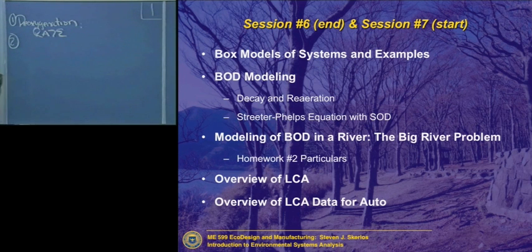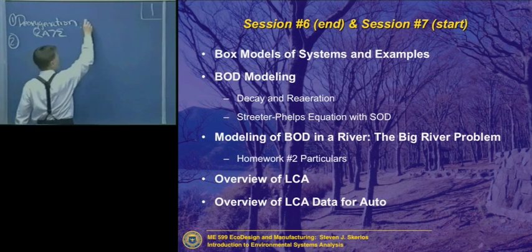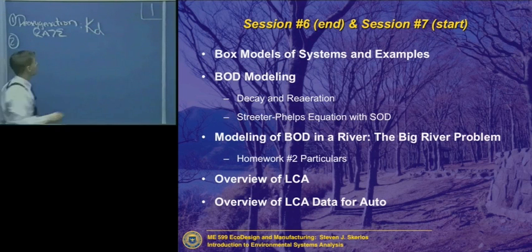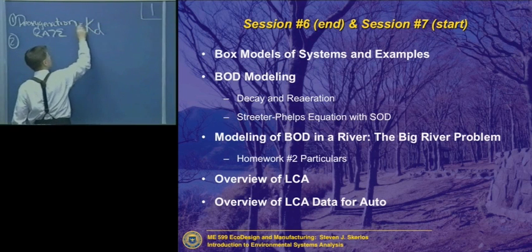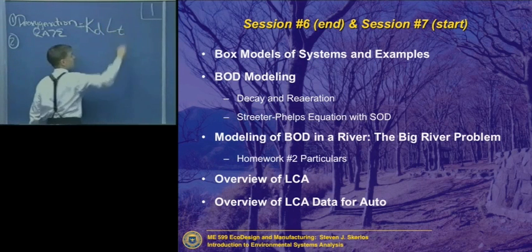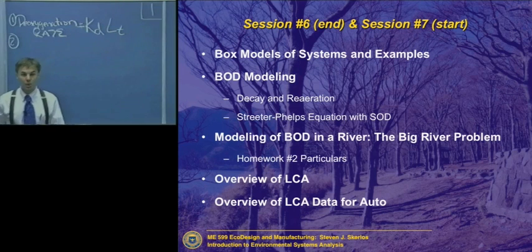Okay? So we're just going to define a constant of proportionality, Kd, and I can put an equal sign here, times L of T being the concentration of oxygen-demanding waste. How do we describe the deoxygenation rate mathematically? I'll come back to that in just a second.